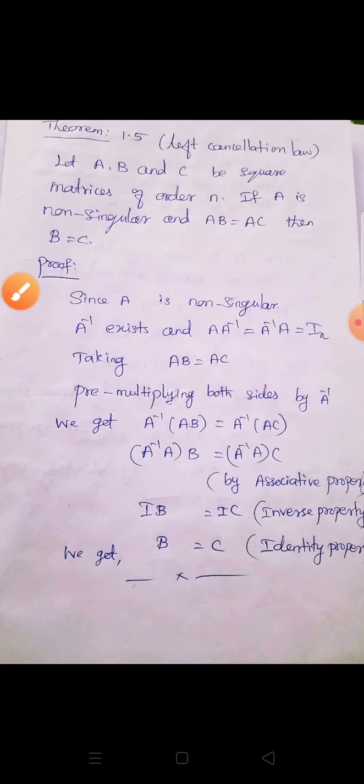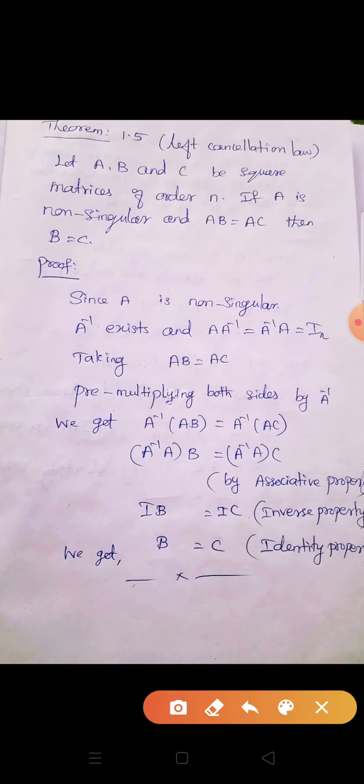Once again I recall it. Listen here: since A is non-singular, A inverse exists, then by the inverse property A inverse A is equal to In. We take AB is equal to AC. We are going to cancel A on the left side, so we multiply A inverse on the left side.